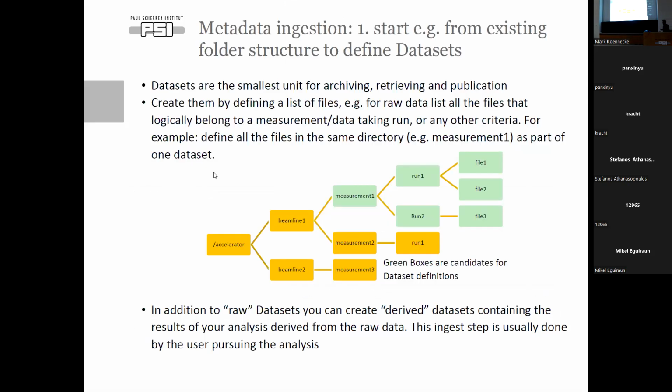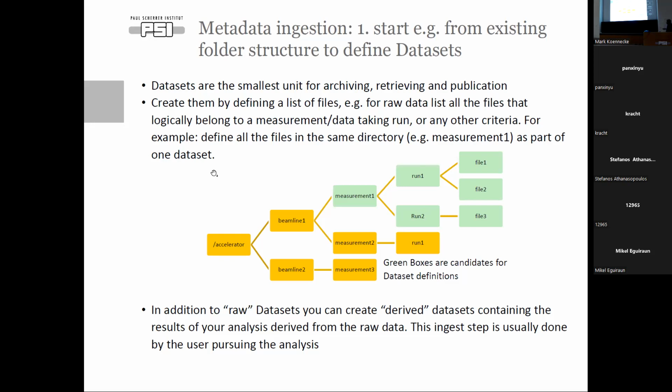Now, the last point of view, the ingestor's point of view. So I have to say that defining an ingestion mechanism for a facility is not a responsibility of SciCat. All the facilities have different ways to ingest data, so that's left to every facility. But in general, the idea is that a beamline scientist, for example, would need to define a data set, which is the smallest unit for archiving, retrieving, and publishing.